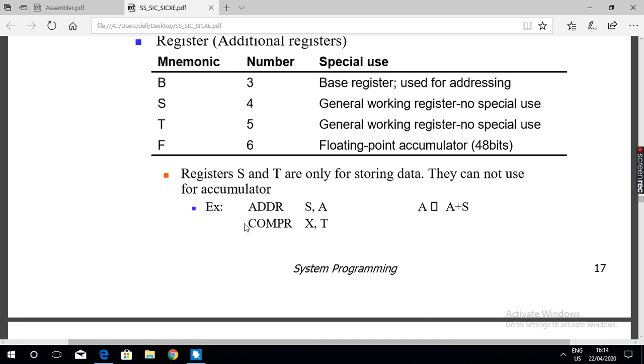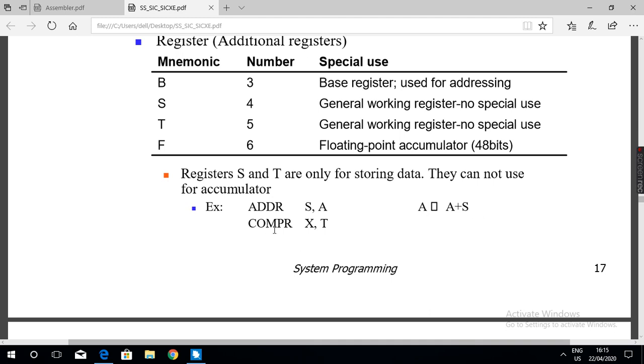For example, in the add register instruction, register S is a general working register and register A is the accumulator. The content of the accumulator and the content of register S are added, and the result is stored in the accumulator, not register S. Only register A will be used as the accumulator.